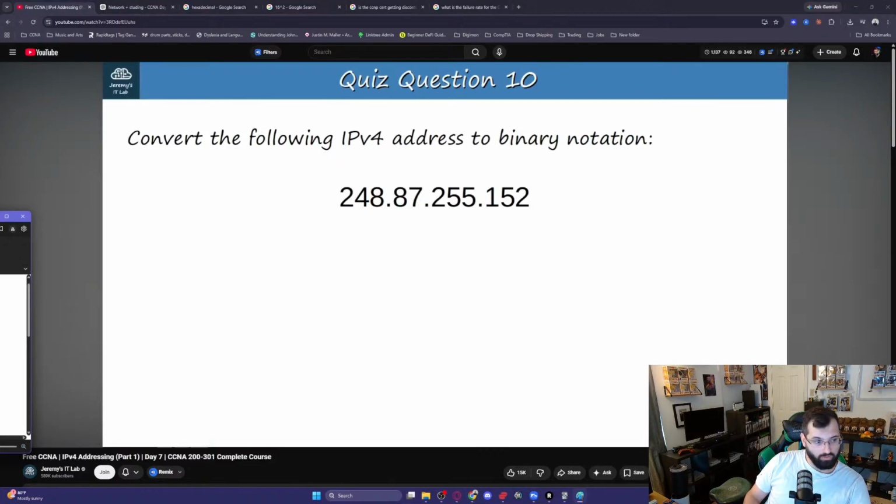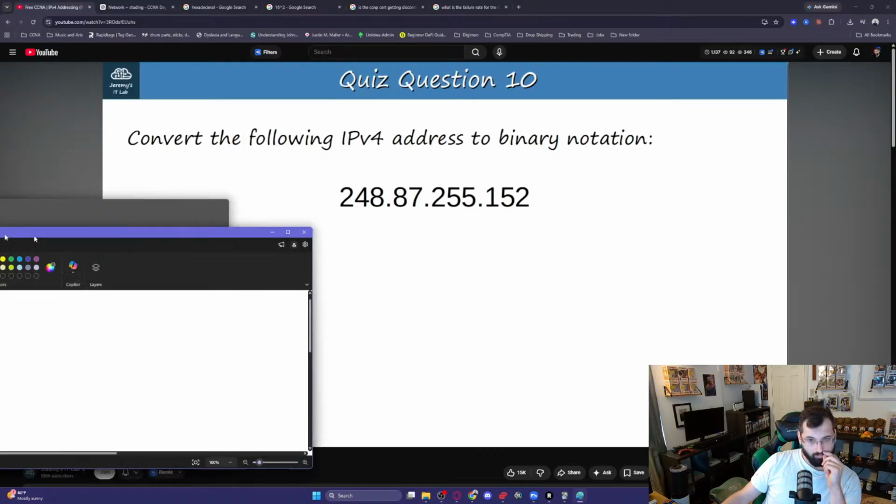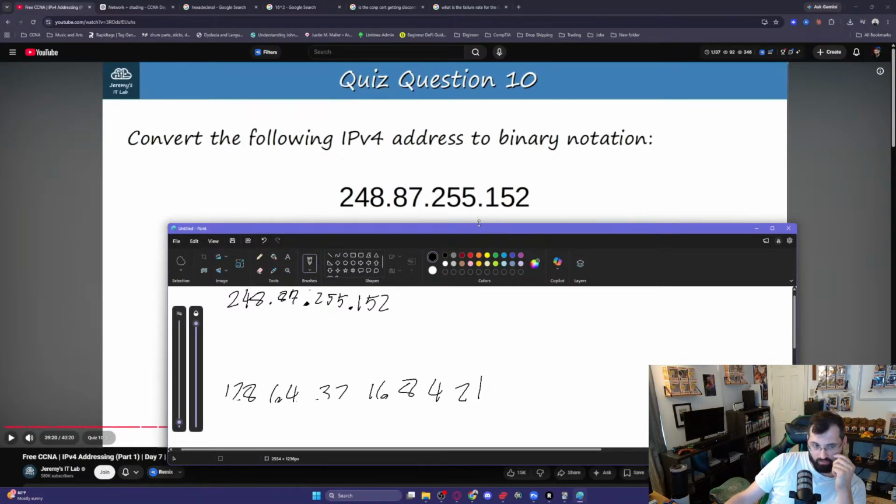It's the last one, boys. 248. 87. 255. 152. Okay. We're going to try to do this one. Since it's the last one, we're going to try to do it with like our brains, okay?